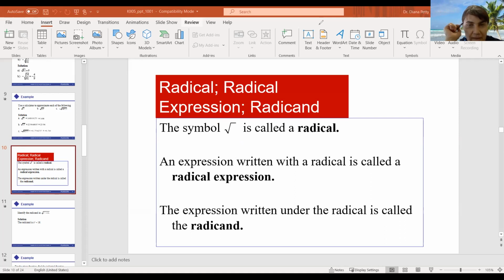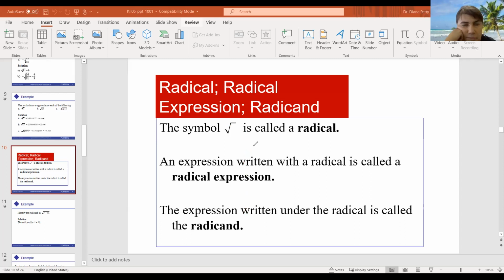Okay, an expression. If you have a radical in there, the whole thing is called a radical expression. The thing under the radical, like 5x here, is called the radicand. Whatever is under the radical is called the radicand.